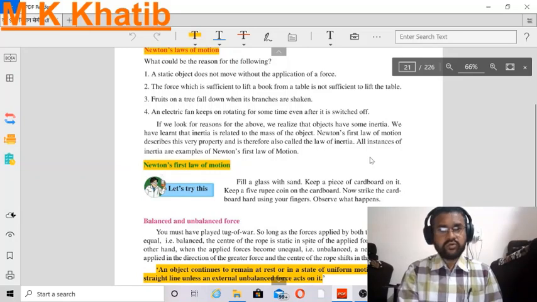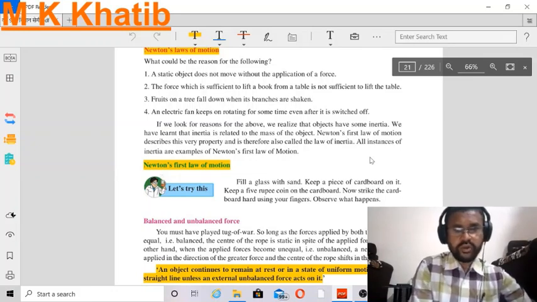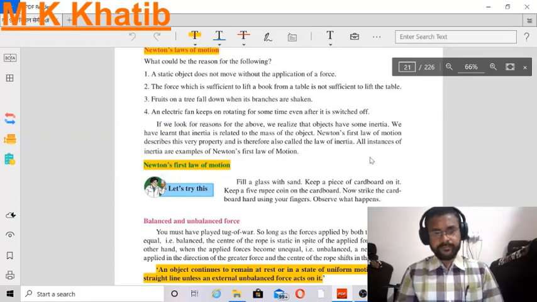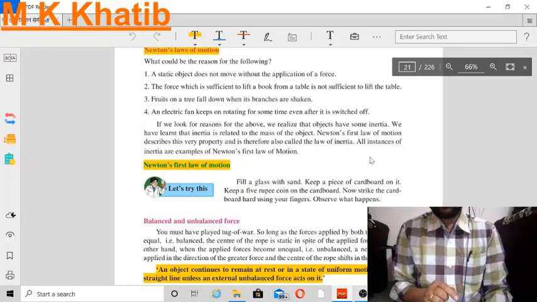Now we have to study the first law of motion. For this, we have to do one experiment. The coin drops into the glass.